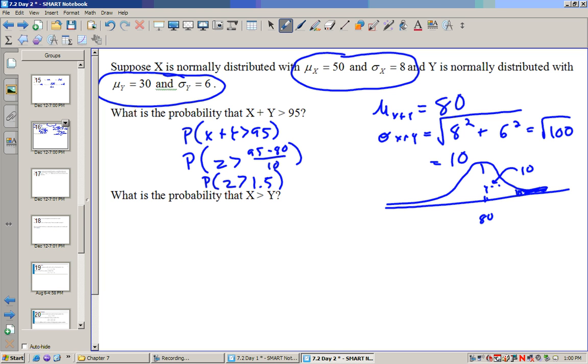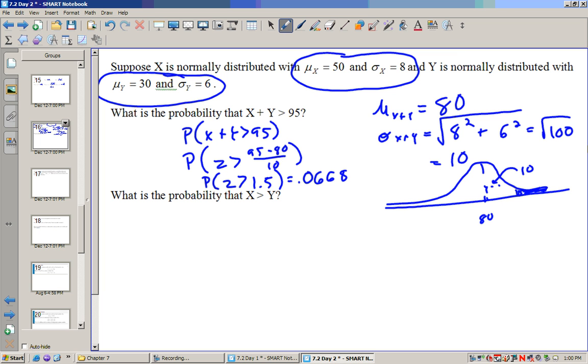So I do normal CDF from 1.5 to a very large number, and that's 0.0668. So that's about a 6.68% chance that that couple is going to get over 95.